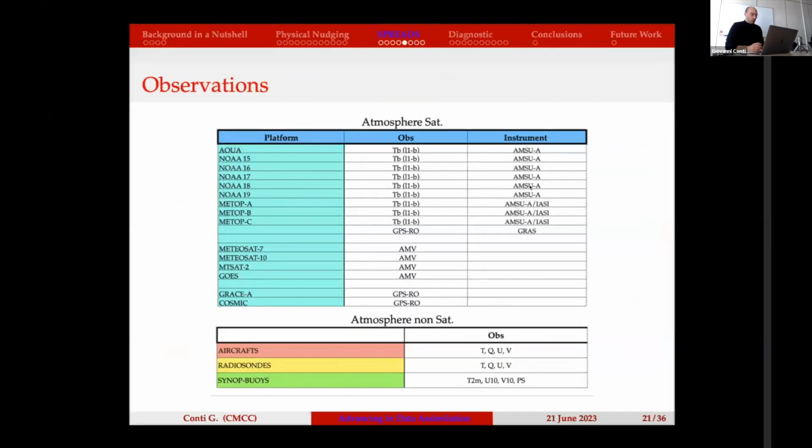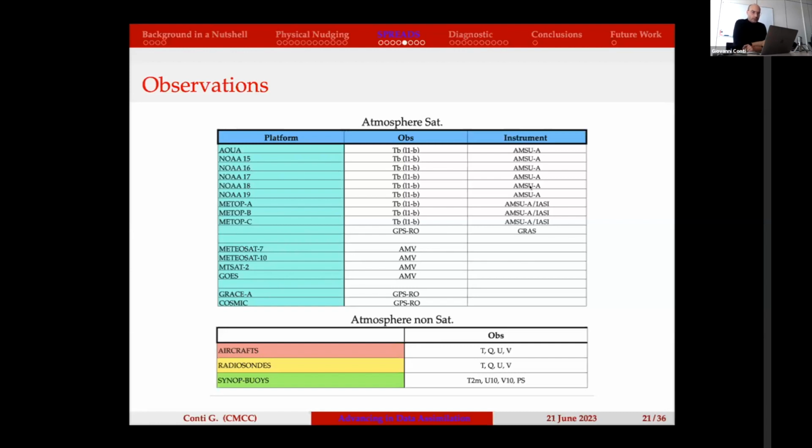Which observations are we assimilating? Brightness temperature from different satellite platforms: Aqua, NOAA, METOP. When I talk about brightness temperature, I mean the L1B product, so georeferenced, but not a retrieved product.